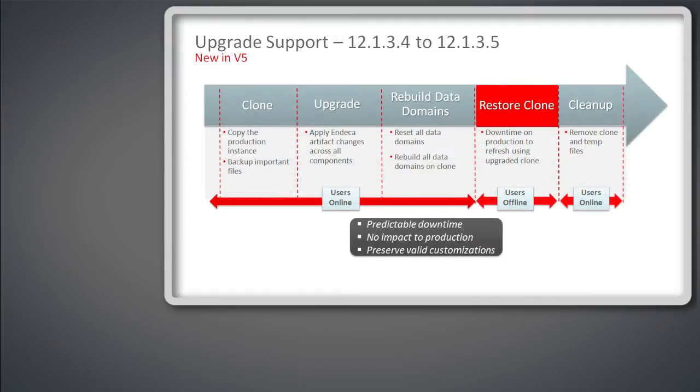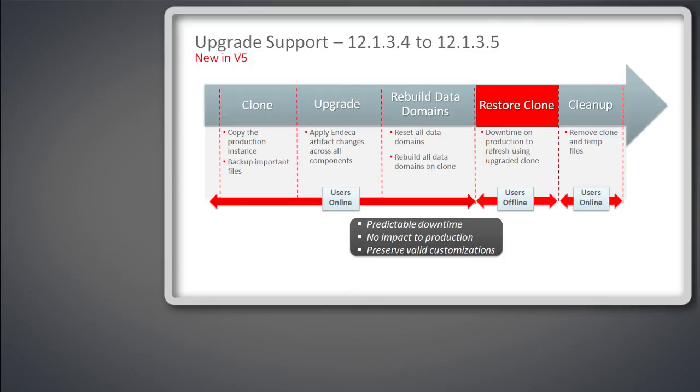Okay, for upgrade from V4 to V5, we developed a tool for that. It can take you from V4 to V5. It has five steps, as you see. We clone the Endeca side, then we apply the Endeca artifacts, change across the components, and then rebuild the data domains again.